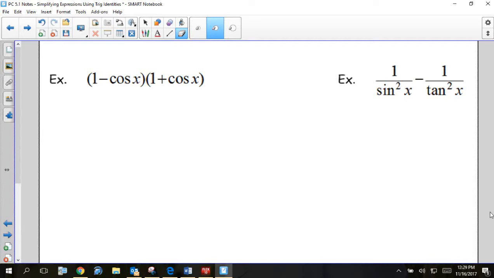The Pythagorean identities have cosine squared, not just cosine, and you can't just square root stuff and make it what you want. So these are not identities. You could change cosine into 1 over secant, but then you're making it less simplified because you're putting fractions in, and you're probably going to give yourself a headache. So something else we could try. Ideas? FOIL. FOIL this together? Okay. So we do 1 times 1, 1.